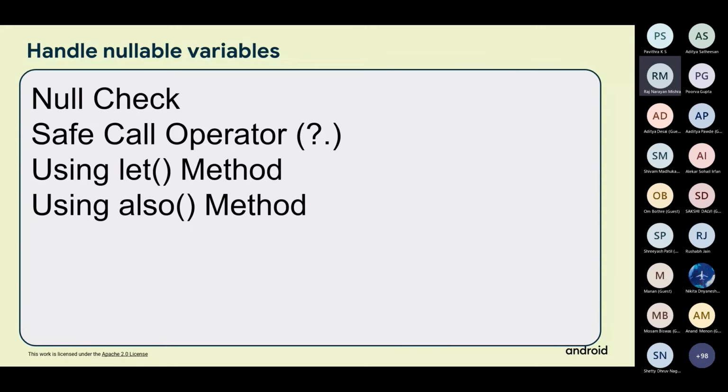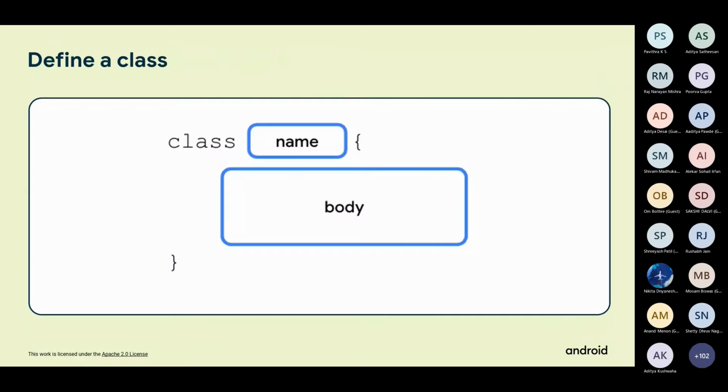If the safe call operator gets a null value, then it will not return. The control will come to the also method. This will log into the logger, or it will simply print the value, whatever it is. Now these are the four ways where we can check whether variables are nullable or not.